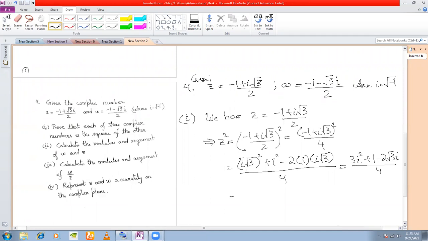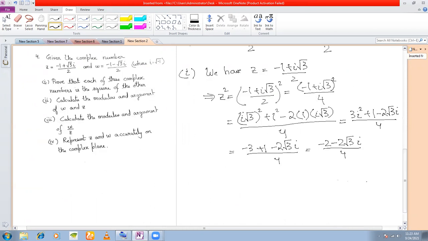Now you put i square is equal to minus 1. So you get minus 3 plus 1 minus 2 root 3i divided by 4. So now you get minus 2 minus 2 root 3i divided by 4.